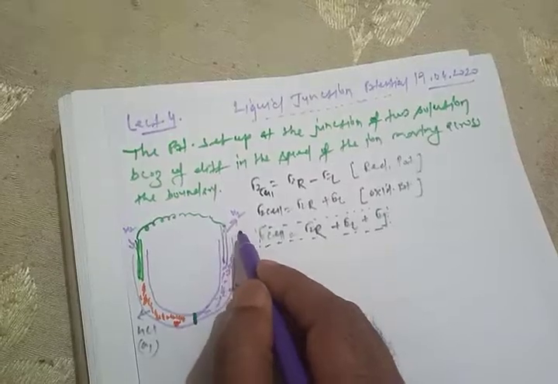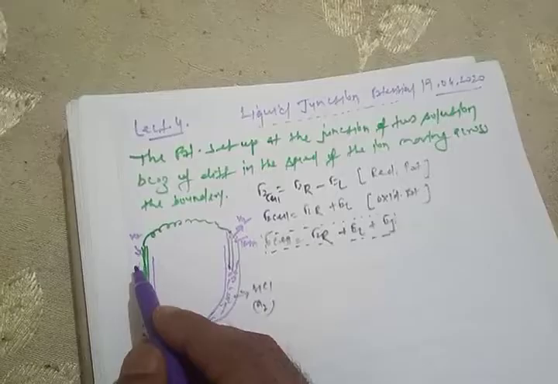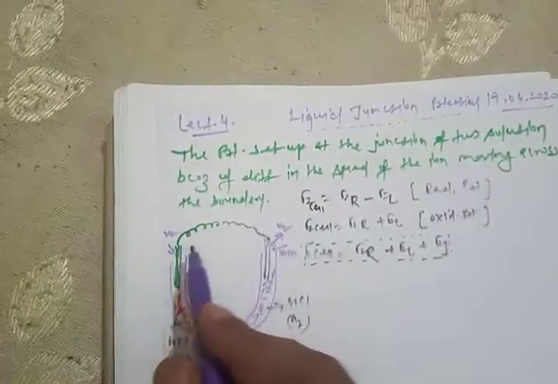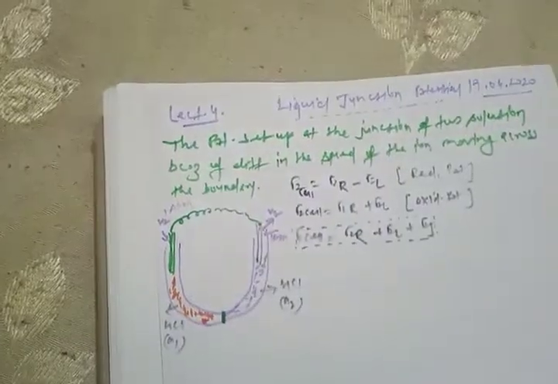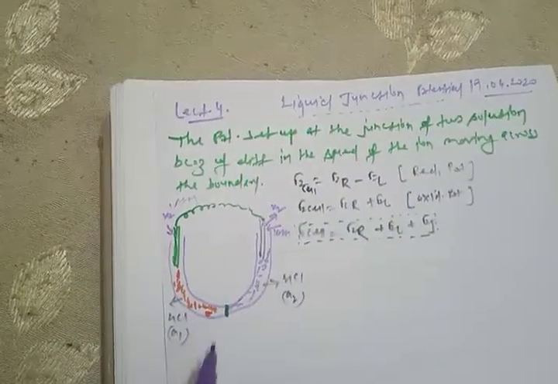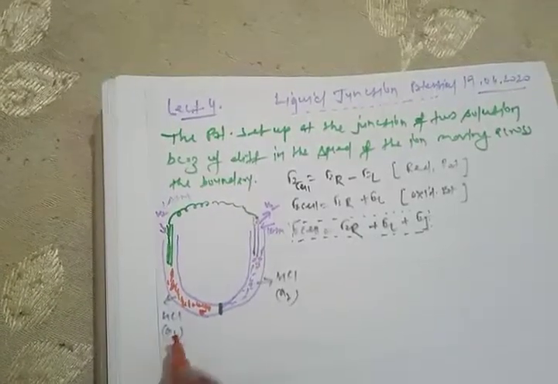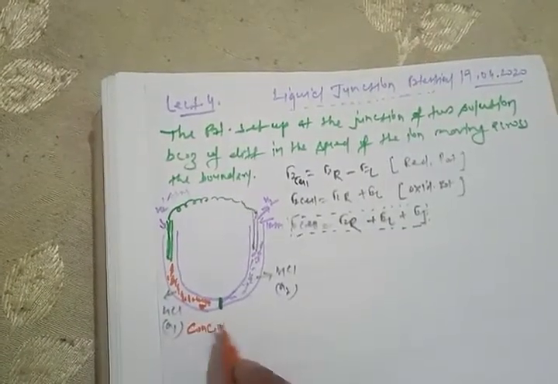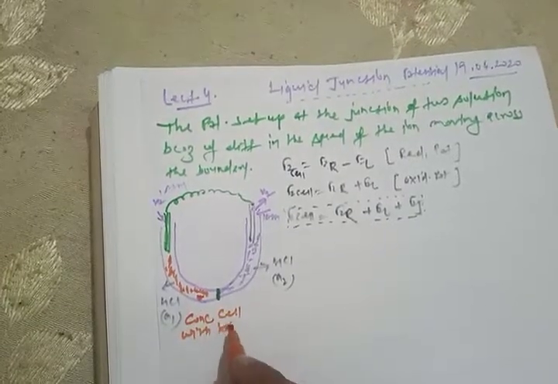So here 1 atmospheric pressure is maintained, and here also 1 atmospheric pressure is maintained. So this is a typical example of a concentration cell with transference. This is a concentration cell with transference.